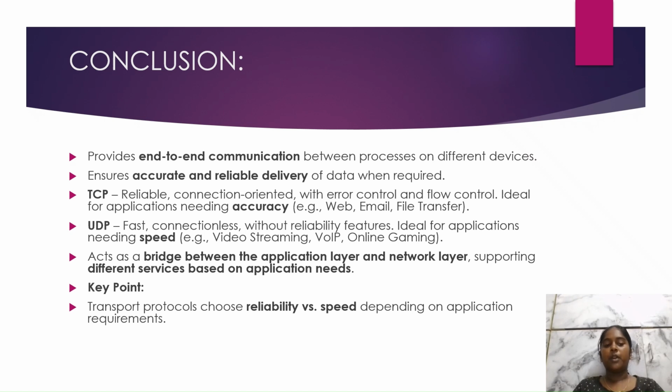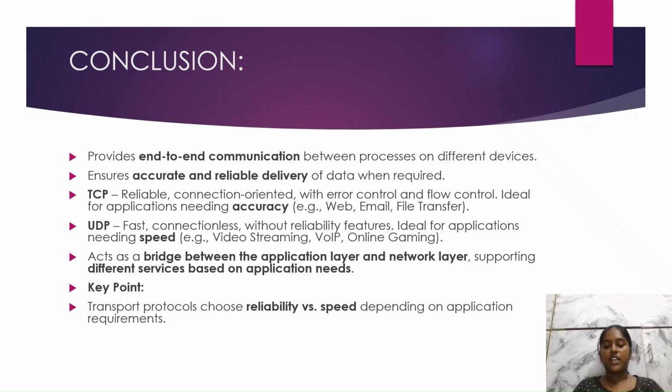Coming to the similarity between the two, TCP and UDP act as a bridge between the application layer and the network layer. They support different services based on the applications which are needed.